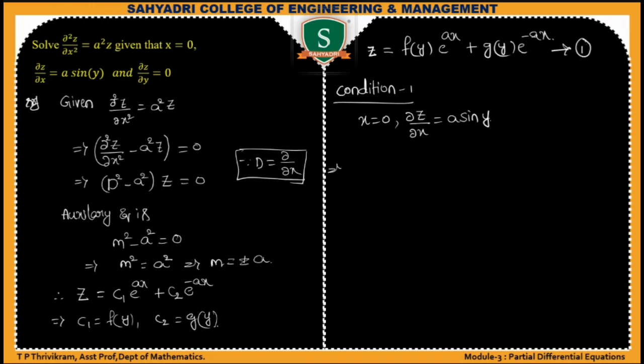So from equation 1, dou z by dou x will be how much? F of y is a function of y, so it is constant. Differentiation of e power ax, how much?